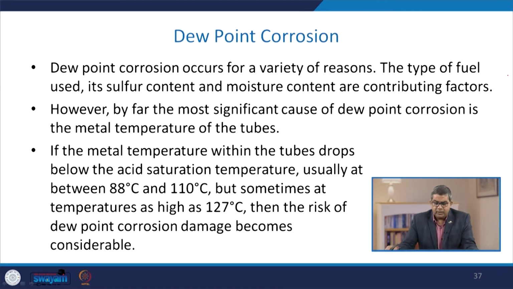Another important phenomenon in these steam generation units is dew point corrosion. Now, this dew point corrosion usually occurs for a variety of reasons. The type of fuel used, sulfur content, and moisture content are the contributing factors in dew point corrosion.